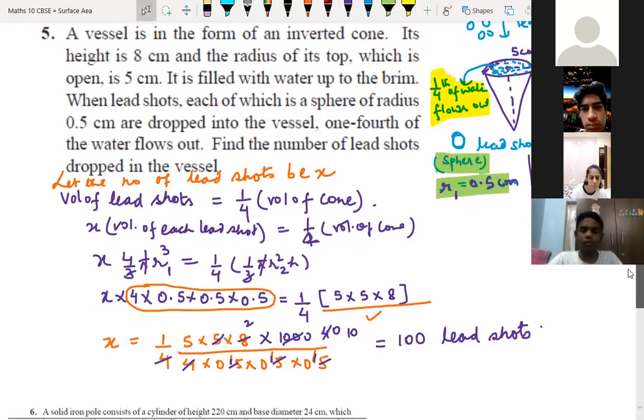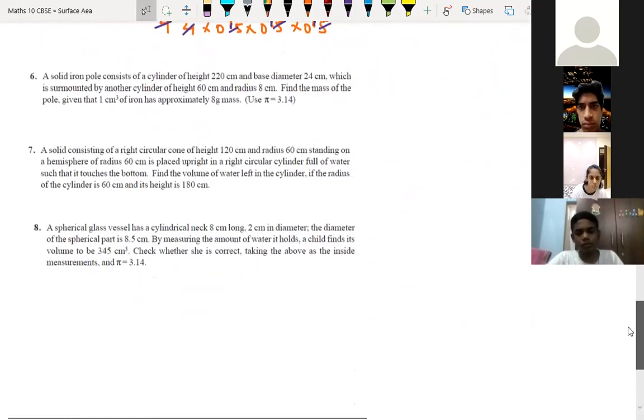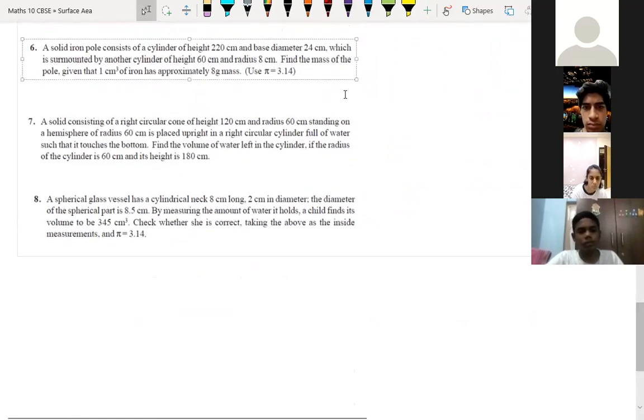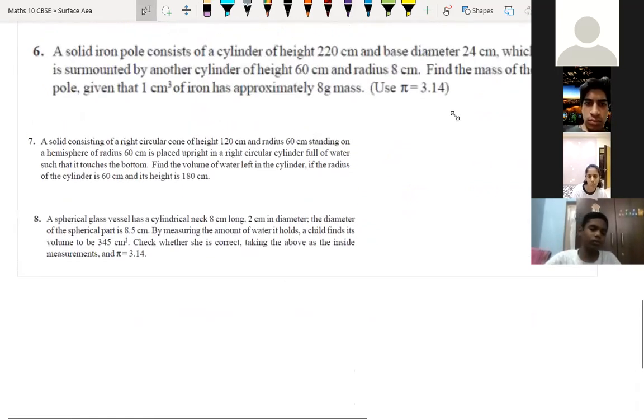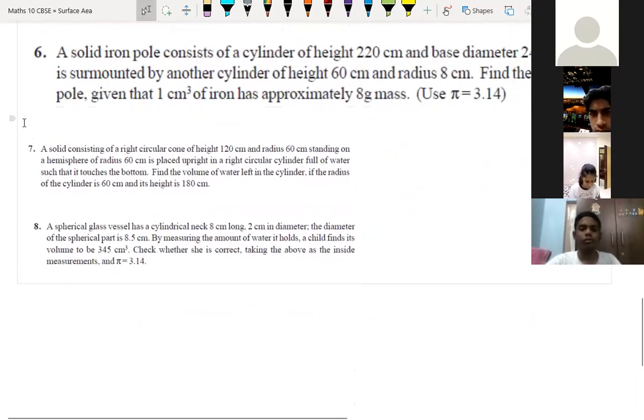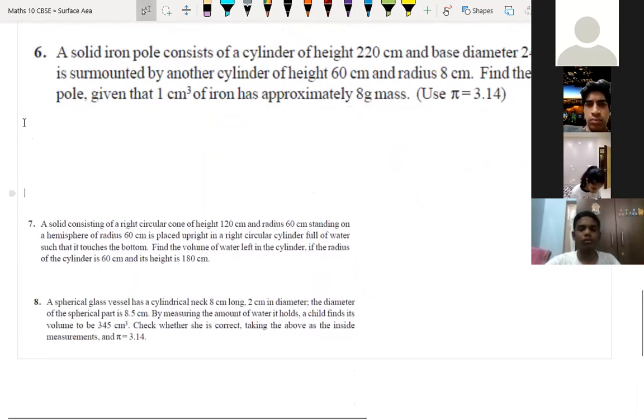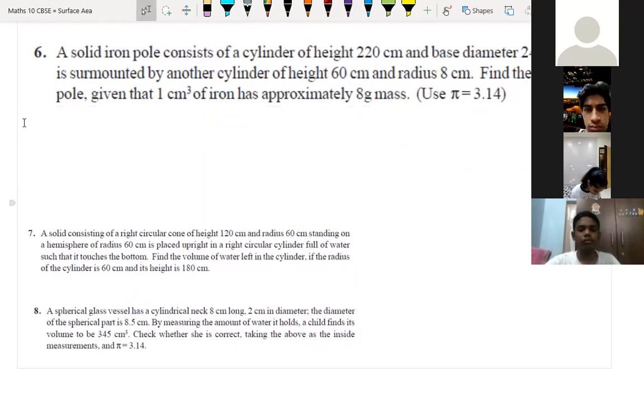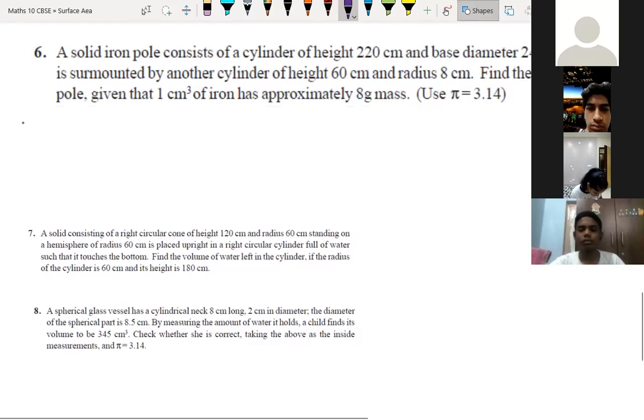Now question number 6. A solid iron pole consists of a cylinder of height 220 centimeter. First, what we do, we just draw one cylinder whose height is 220 centimeter.